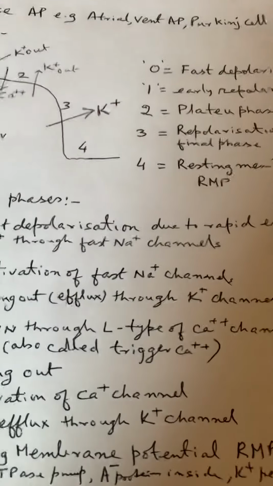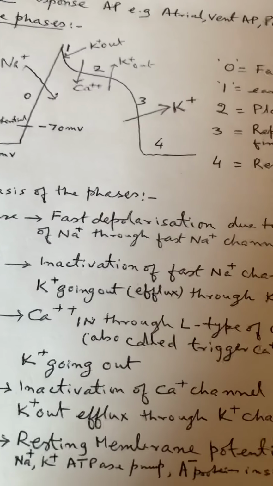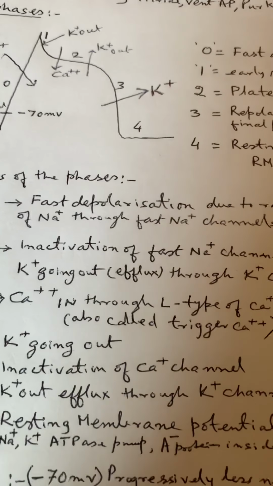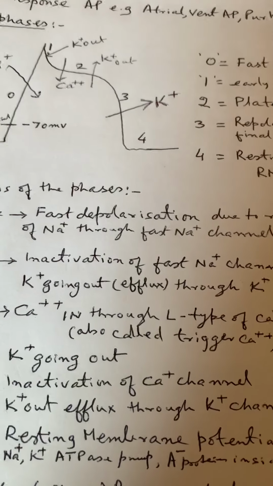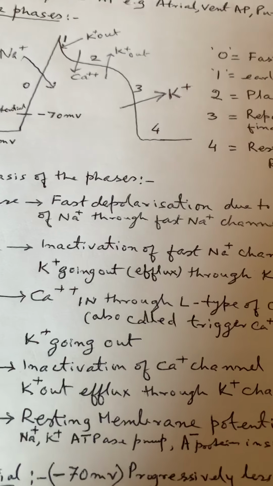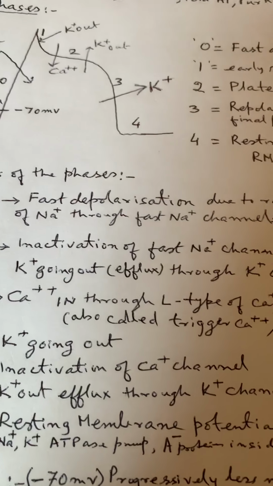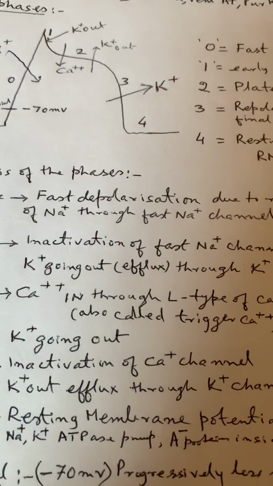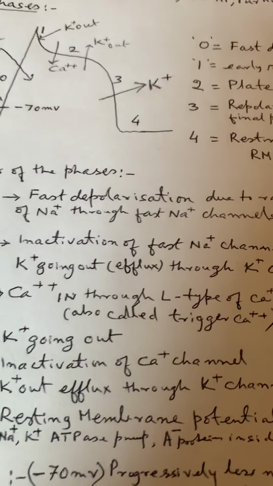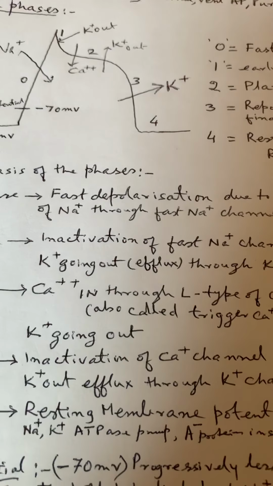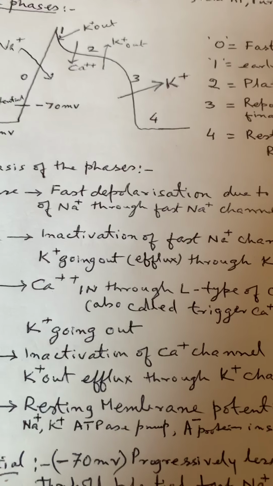And in Purkinje fiber, you find that the plateau phase, phase 2, is longer, so the duration of the action potential is increased in Purkinje fiber. So these are the differences, otherwise the shape will remain the same.